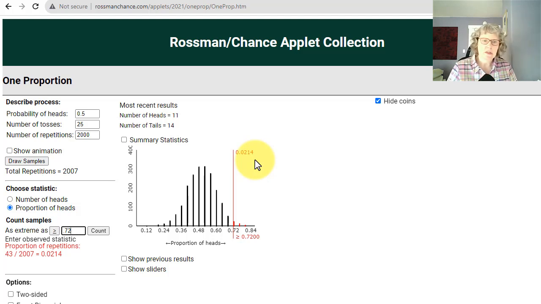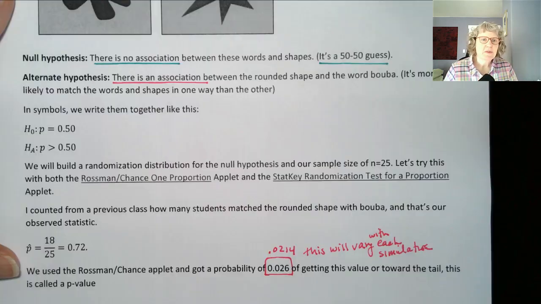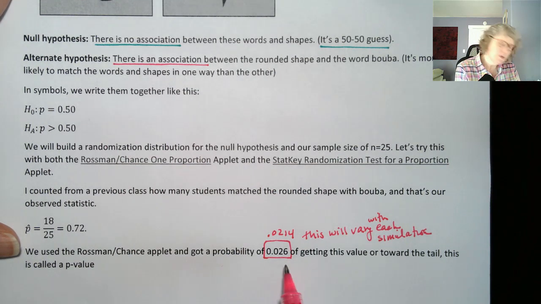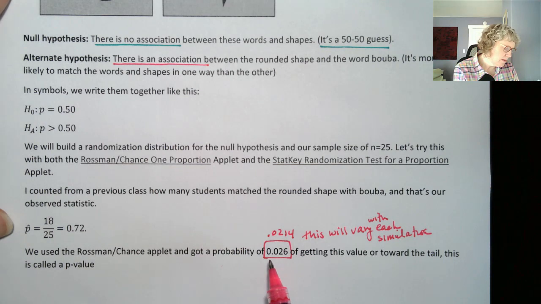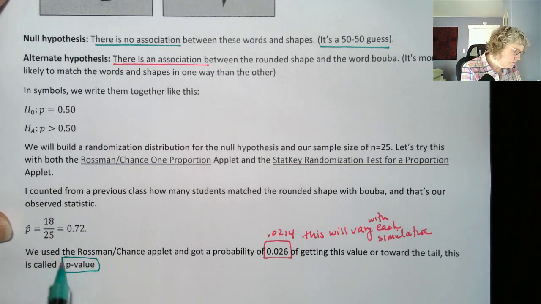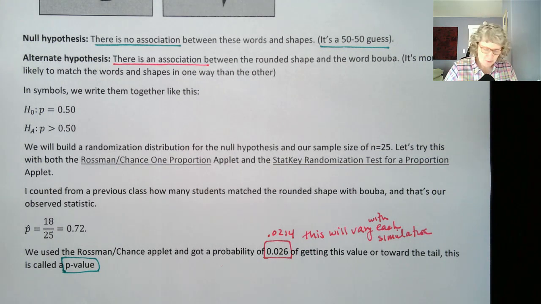We got 0.026 the previous time, when we first introduced this example, and we got 0.0214 this time. Either way, it's 2 to 3%. Pretty unlikely, right? This probability is called a p-value. So you'll be hearing more about the p-value.